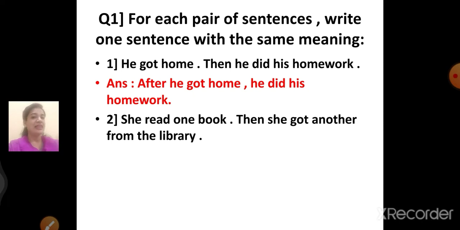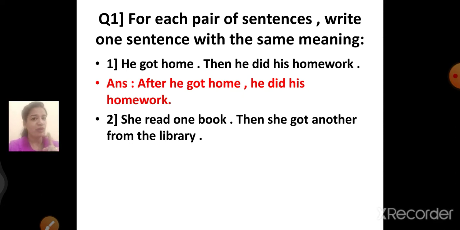Now we'll jump on to the second one. She read one book, then she got another from the library. Children, when you're adding after, you don't have to use then. You have to cut it, which means you don't have to write it. So you're going to make one single sentence, and remove the full stop also. Start the answer with after and remove then.